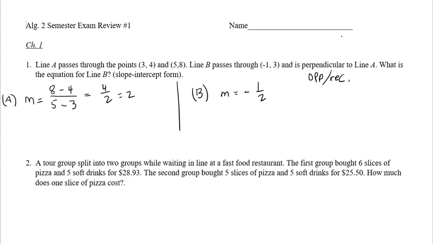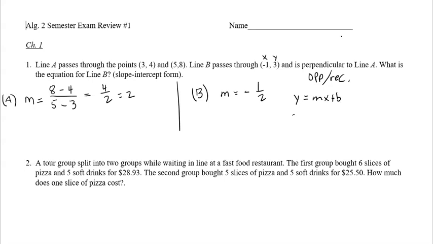Okay, so I take this point that line B goes through, this is my x and this is y, of course, and basically I'm going to plug x, y, and m into slope-intercept form. y equals mx plus b.